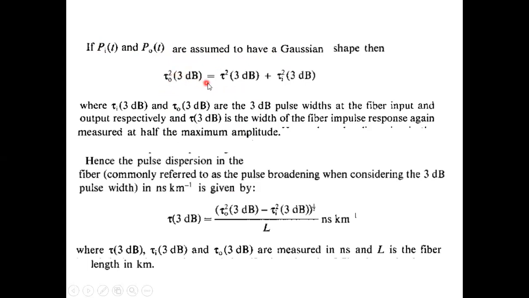Tau 0 square is equal to tau square plus tau I square, where tau I and tau 0 are the 3 dB pulse widths at the fiber input and output respectively. And tau is the width of the fiber impulse response measured at half the maximum amplitude. So actually we are measuring these 3 widths: input pulse width, output pulse width, and the width of the fiber impulse response, again measured at half the maximum amplitude. So please write down this particular formula.